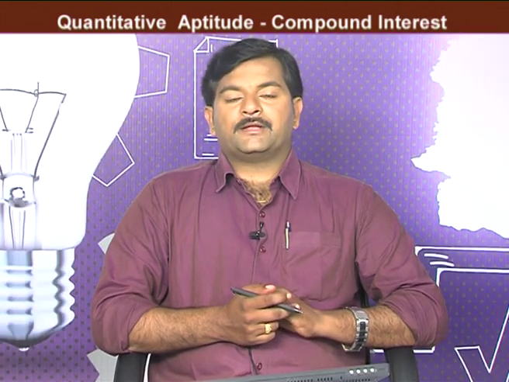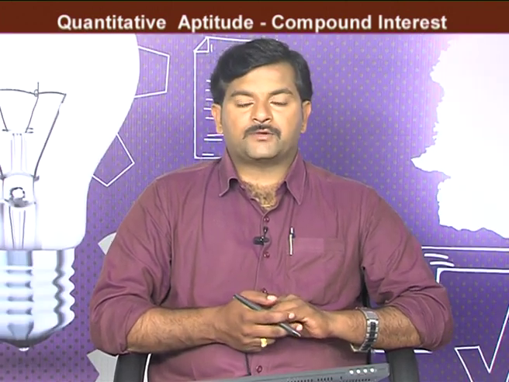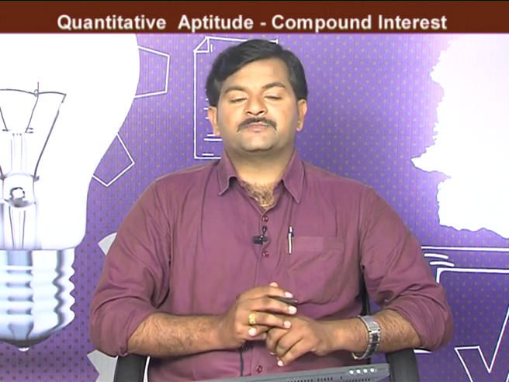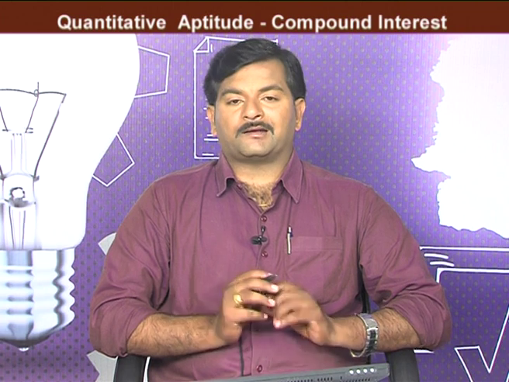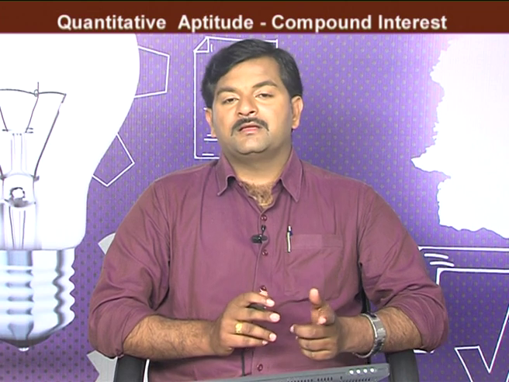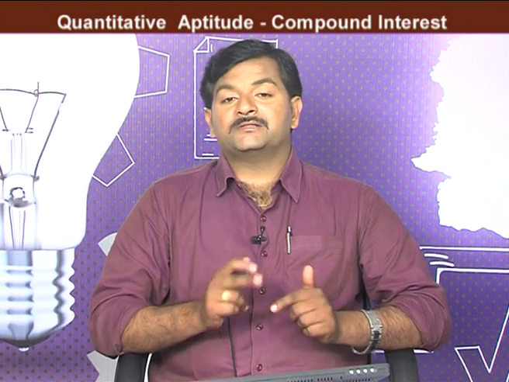Remember only one point here. The rate of interest given is 20%, that is yearly, but interest is being compounded quarterly. That's why we have to find the rate of interest for a quarter. So yearly 20%, what about quarterly? 5%. In 9 months, how many times does he have to pay the interest? 3 times.